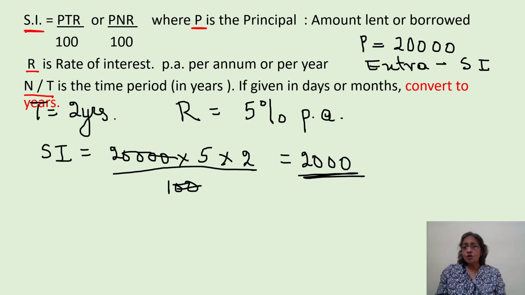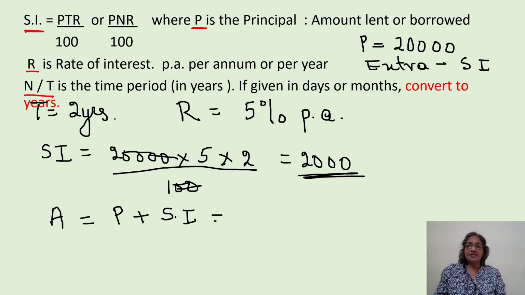So at the end of 2 years, what is he going to pay you? The principal amount plus the interest, and that is called as the amount, which we denote by the symbol A. So amount is nothing but the principal plus SI.